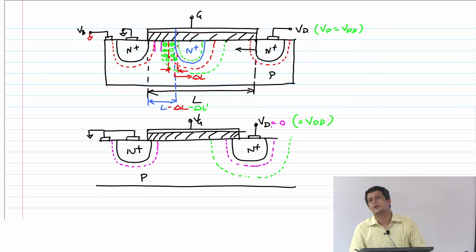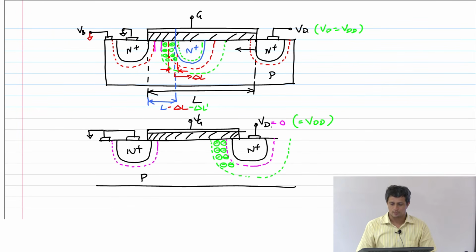Now what does this depletion region mean? It means that because this is p type, it's given away a hole, the immobile acceptor atom has become negative or positive? Negative. It's given away a hole, right? So you have negative charges here. Previously, when Vd was 0, my gate had to invert the entire channel from here to here.